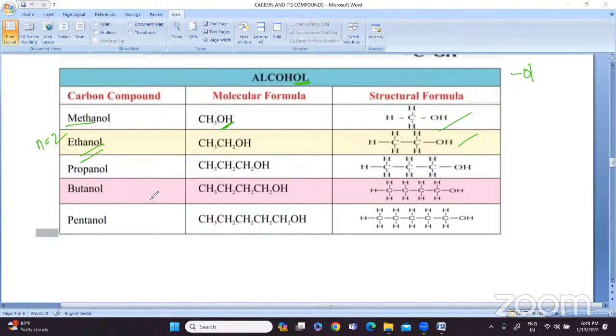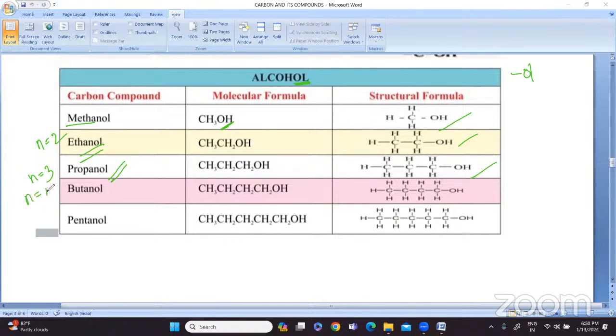Then when n equals 3, the name is propanol, that is CH3CH2CH2OH. This is the structural formula. Please go through the structural formula.